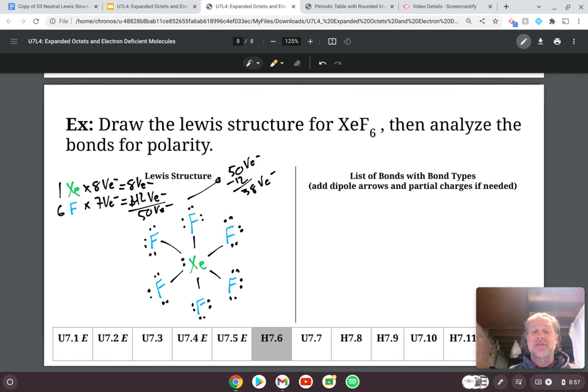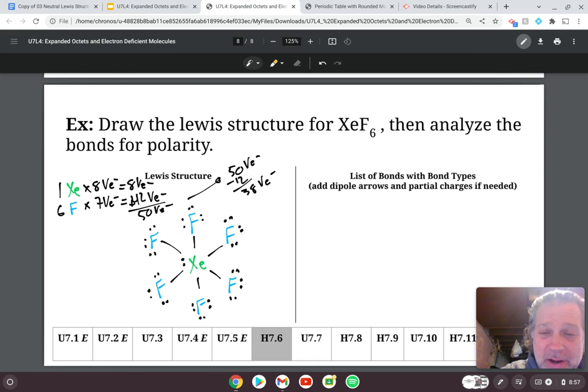So now xenon has 12 electrons from 6 bonds, and 2 more electrons. So it's got 14 electrons around it, which is crazy, but that's the way that it is. And then each of the fluorines has 6 electrons and 1 bond, so they have a total of 8 valence electrons, so everything there is good.